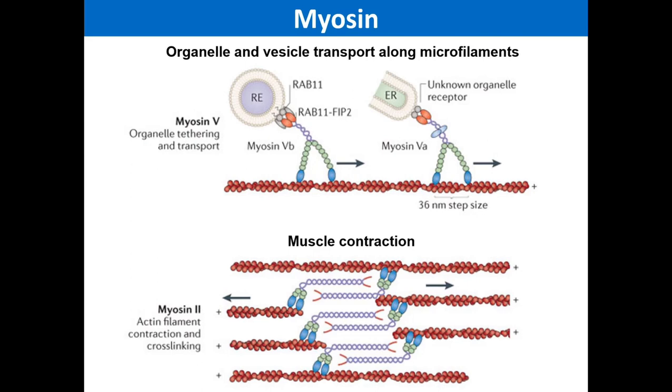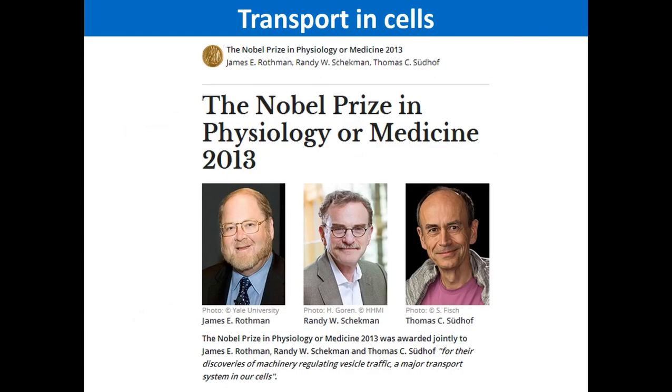But myosin 5B and 5A can be used to transport a cargo because of their different conformation and structure, but they're pretty much based on the same principle. And in 2013, the people who discovered the motor proteins, Rothman, Schekman, and Südhof, won the Nobel Prize because of it.